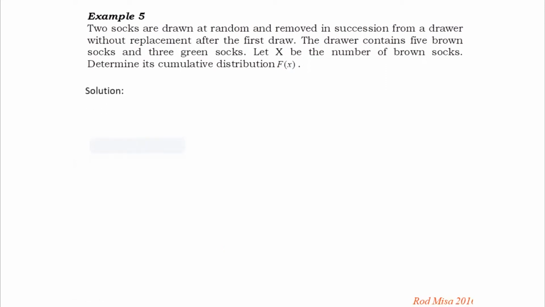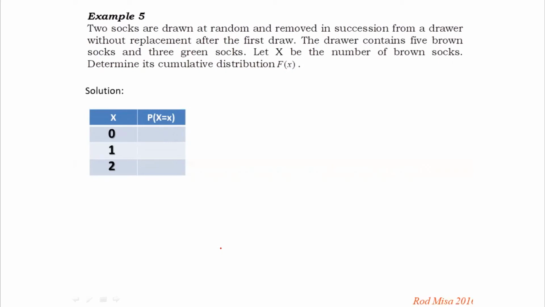Now first, let us represent the probability distribution for this experiment of drawing 2 socks in succession from this drawer, where x is the number of brown socks. So you can have no brown, or exactly 1 brown, or all of the 2 socks are brown. The probability of obtaining no brown socks is to draw green socks.